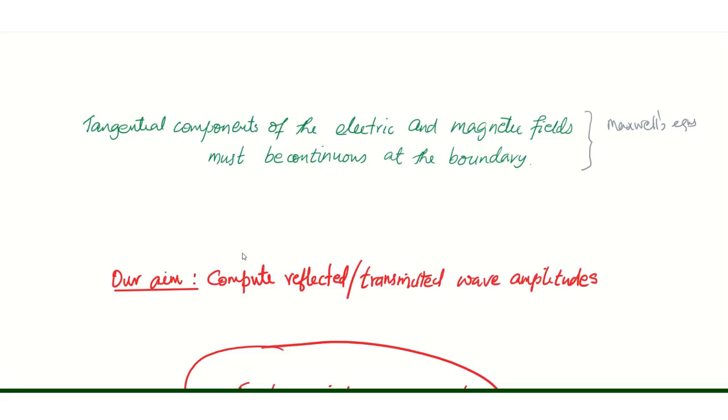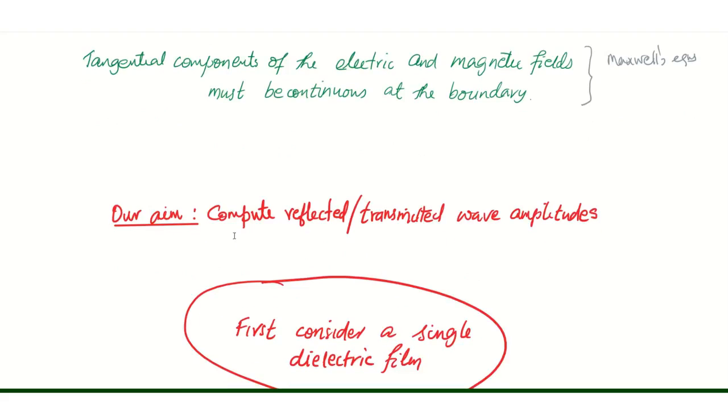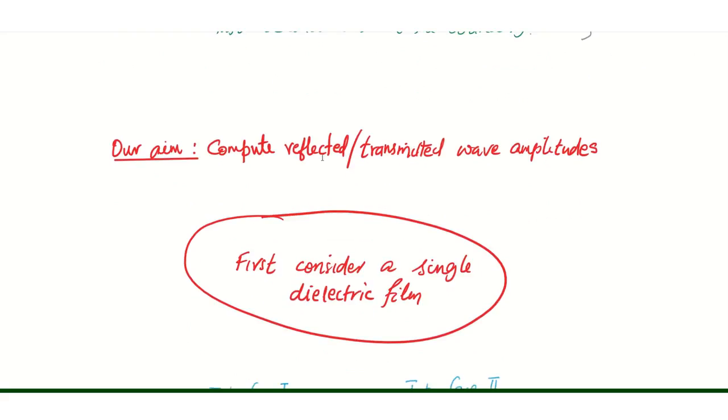We call it boundary conditions. It basically says that the tangential component of the electric and magnetic fields must be continuous at the boundary. And now our aim is to compute reflected or transmitted wave amplitudes, and thereby find out the reflectivity or reflectance of the surface. We will start with the simplest possible case where we only have a single dielectric film.